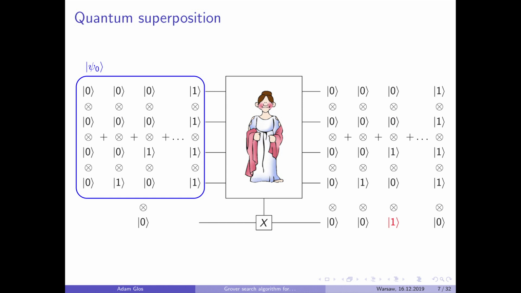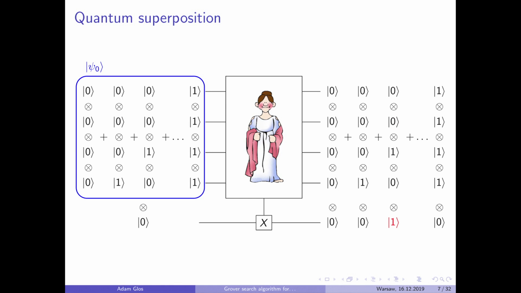Again, we have processed all of the possible solutions, but this still doesn't give us anything useful for now, because the probability that after the measurement we'll get this state is extremely low. It's 1 over n.